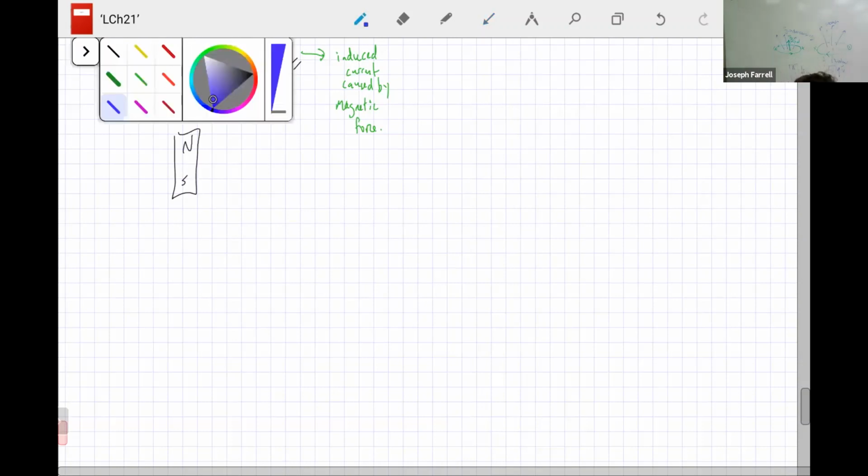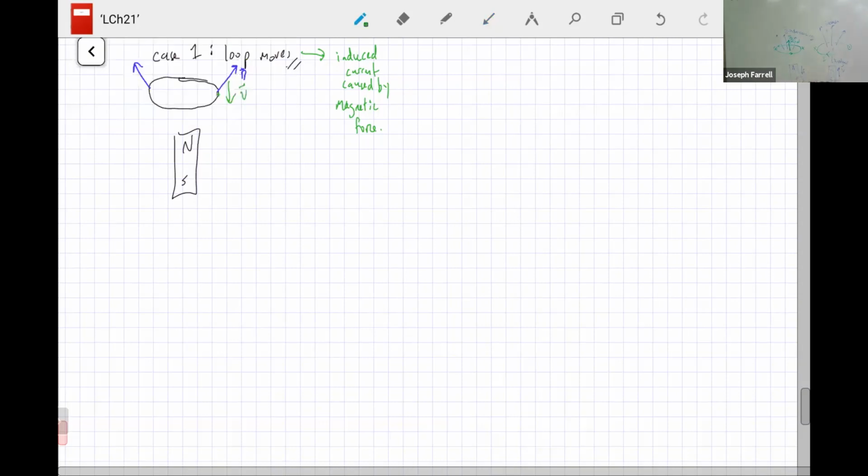Maybe V is going into the page. Oh, no, I'm sorry. It's just the whole thing is moving down. I was confusing V with the current. So V is actually going down there.